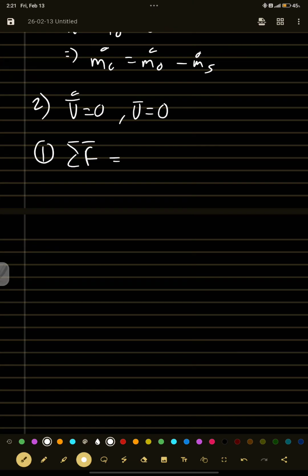So boundaries comprise the fixed surface of the containers plus those points where the masses are entering and leaving the system. So this part is 0. If you look at this part, m dot O and m dot I are the same. So you end up with m dot S (UO minus UI).